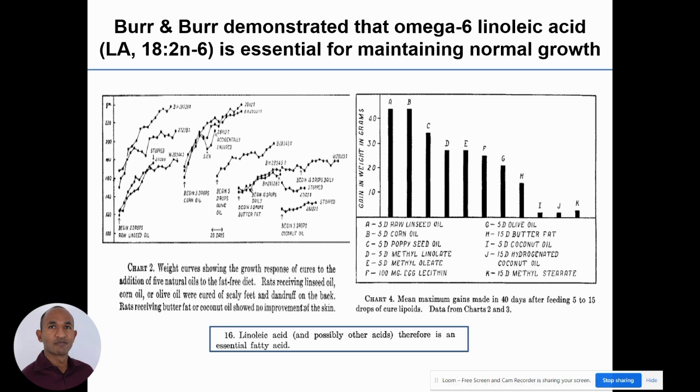And this led them to conclude that LA, or linoleic acid, and possibly other fatty acids are essential fatty acids in the diet. Of course, they discovered two years later that the other possible fatty acid that's essential as well is ALA, or alpha-linolenic acid. Today's talk is going to focus more on LA, omega-6 linoleic acid.